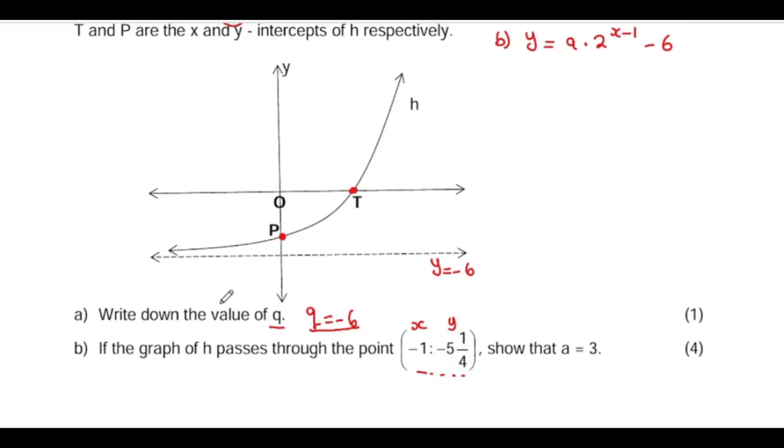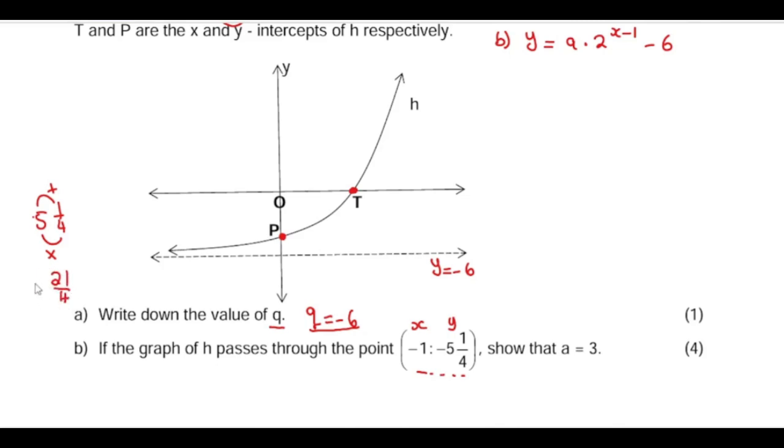Remember, if I have 5 and 1 over 4, we're going to say 5 times 4, that's 20. We multiply those two, the answer that you get, you add that one. So this will be 5 times 4, that's 20 plus 1. So this can be written as 21 over 4.